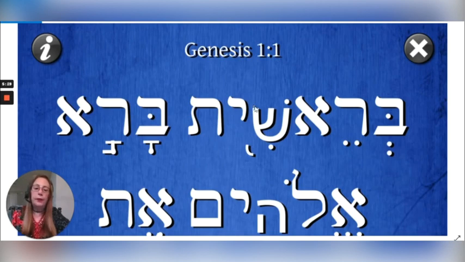And here we have the sh with the little dot underneath, and that little dot or vowel marker is called hirik, as in the word believe. So far we have bereshi.